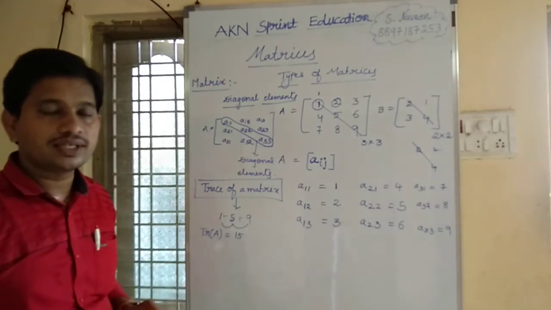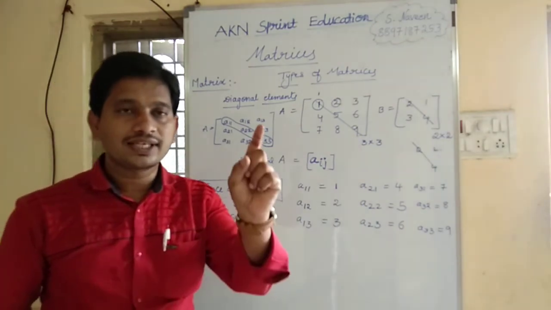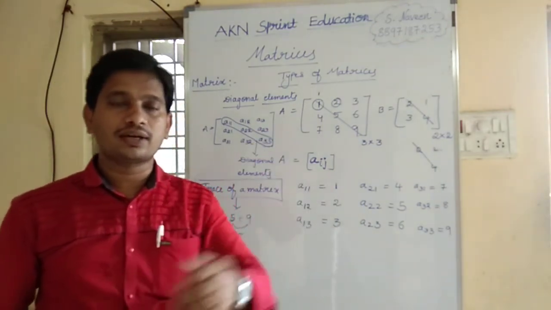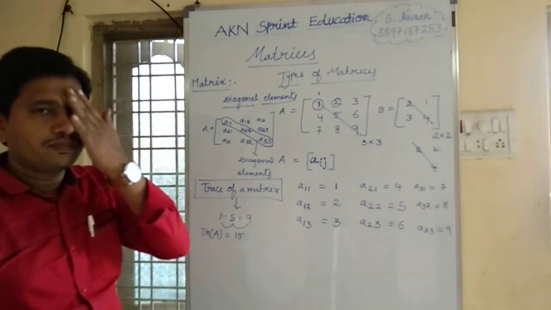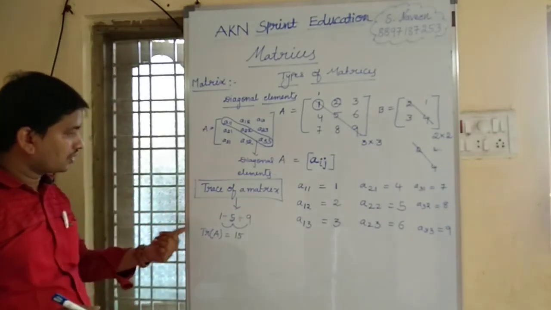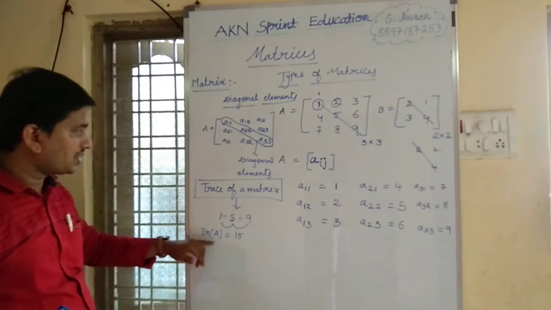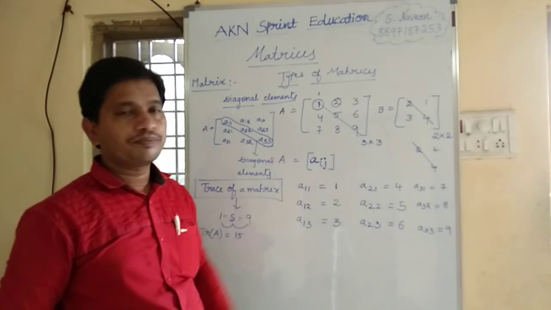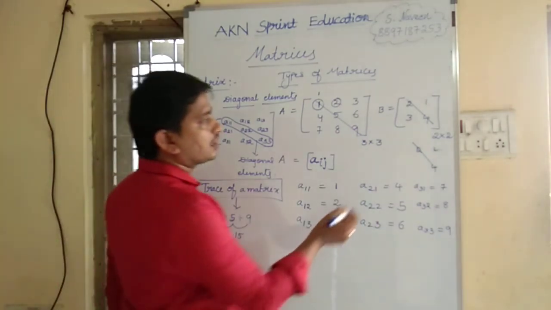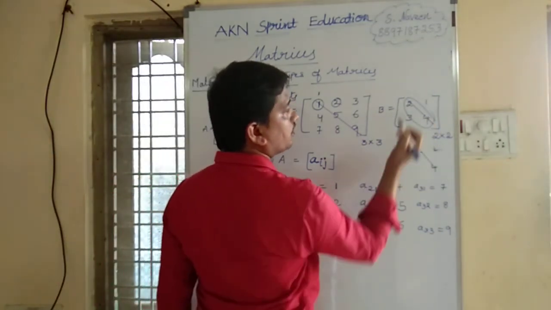Are you understanding, students, what we mean by the trace of A? The sum of the principal diagonal elements is called the trace of a matrix. How do we represent the trace of a matrix? TR of A. Now coming to matrix B, what are the principal diagonal elements? They are 2 and 4.